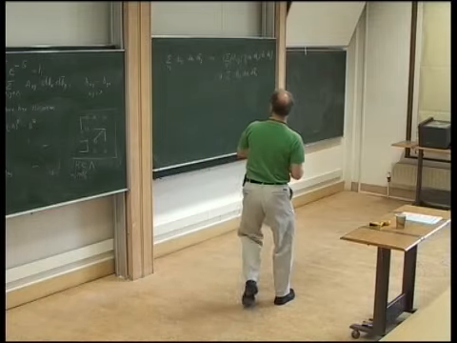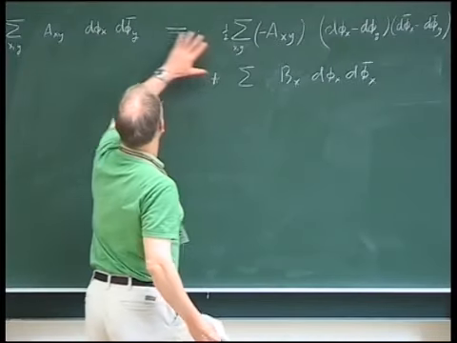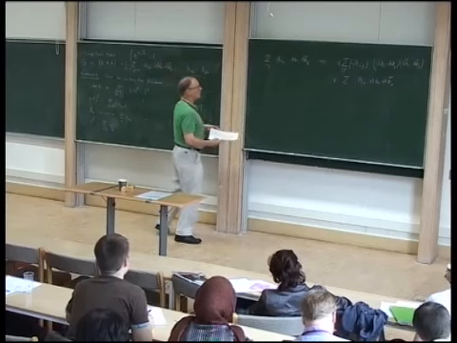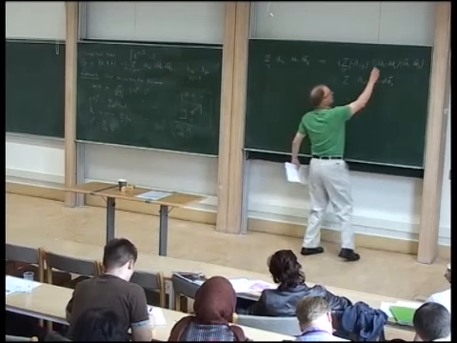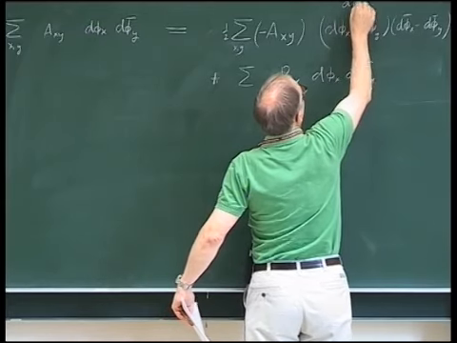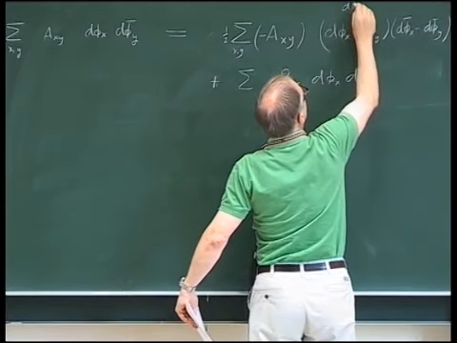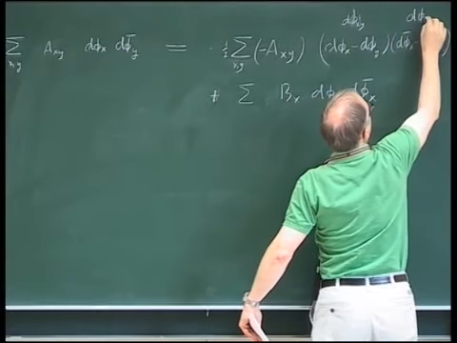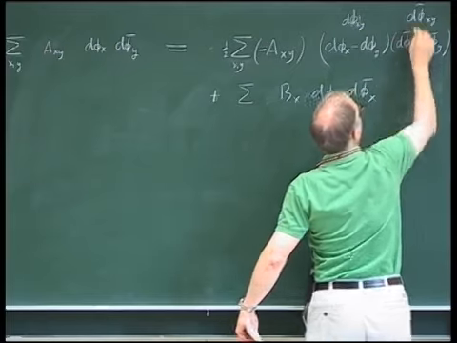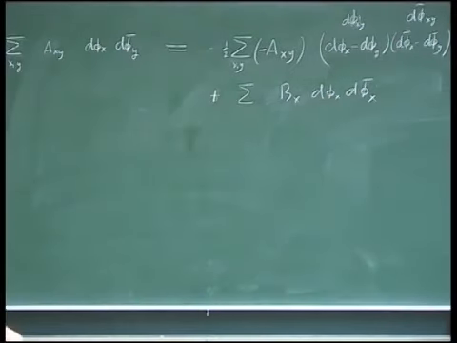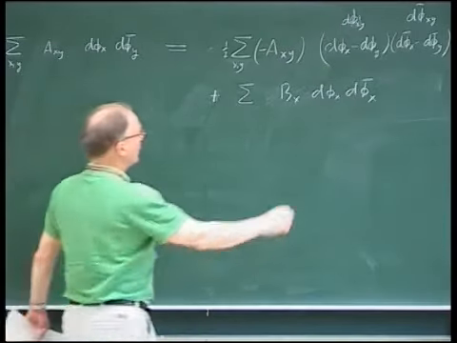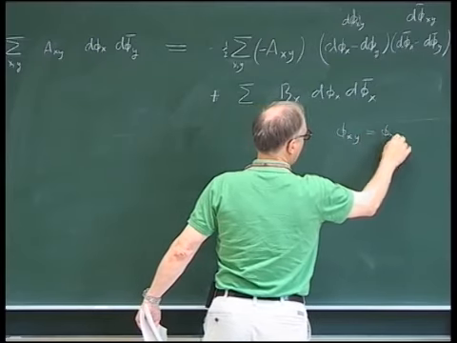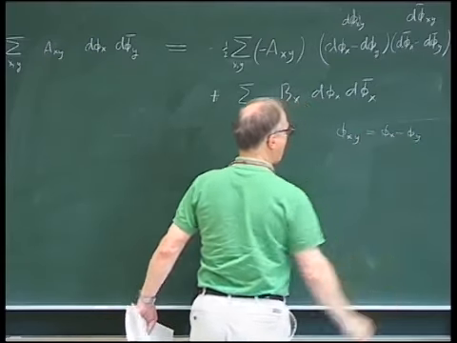Okay, so rewrite this exponential just in this form, and then think of this as a new variable, d phi xy. This is kind of an example of effortless changes of variables using differential forms, where phi xy is phi of x minus phi of y.